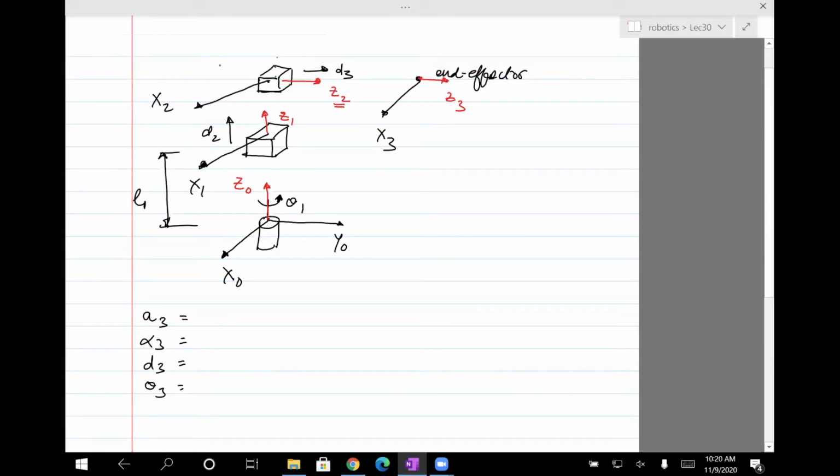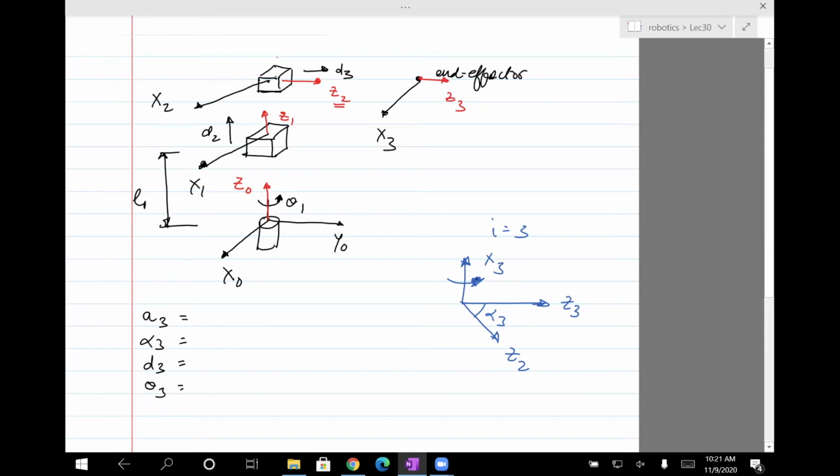I'm going to write i equals 3. So we have x3, z3, just make it the way I have it in the figure, and then z2, alpha 3. Okay, looks right to me.